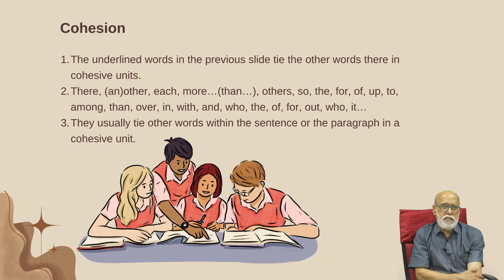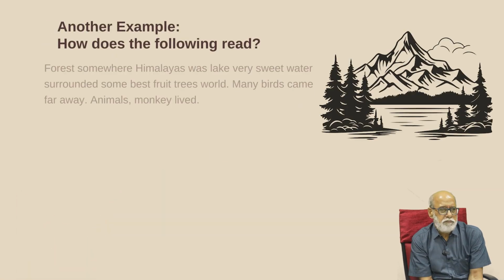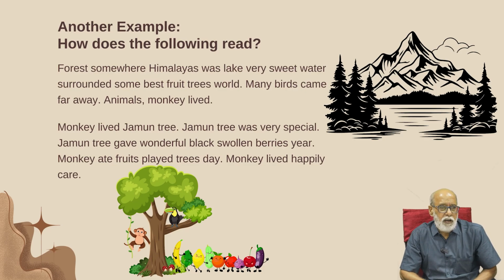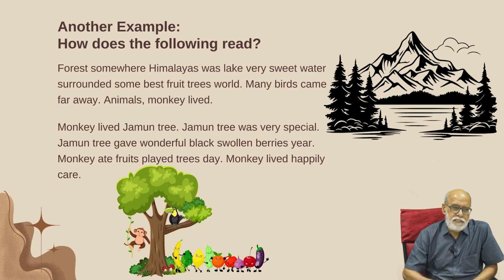how does the following read? You see, there are again sentences. Forest somewhere, Himalayas, was a lake, very sweet water, surrounded some best fruit trees, world. One sentence. Can we make out? Somehow we can guess. We can make a hang of it.